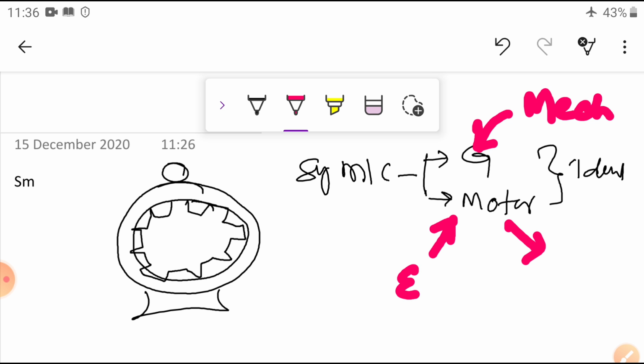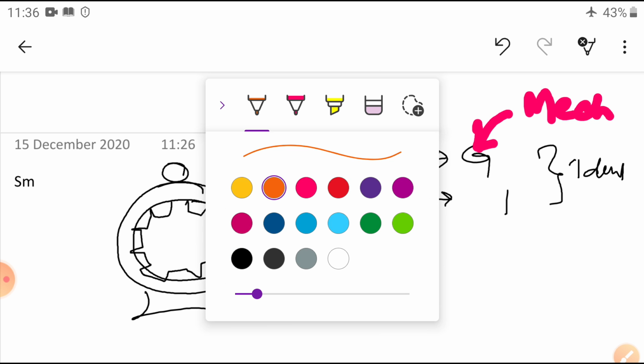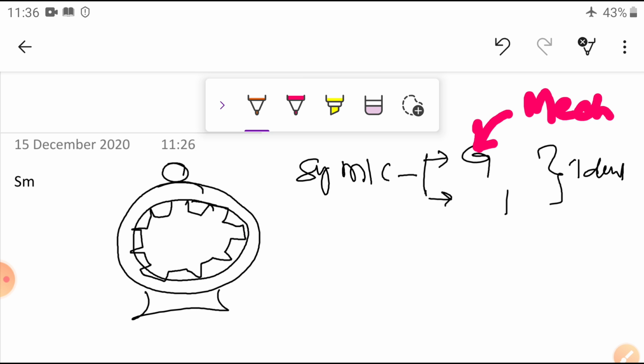Now, this is a stator. The stator has the stator frame. It is generally made of high silicon content material to reduce the hysteresis losses, and these windings are distributed in distribution slots to get the sinusoidal waveform.